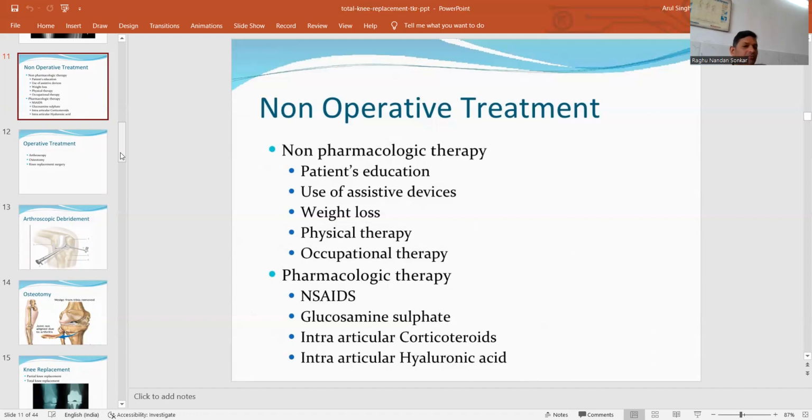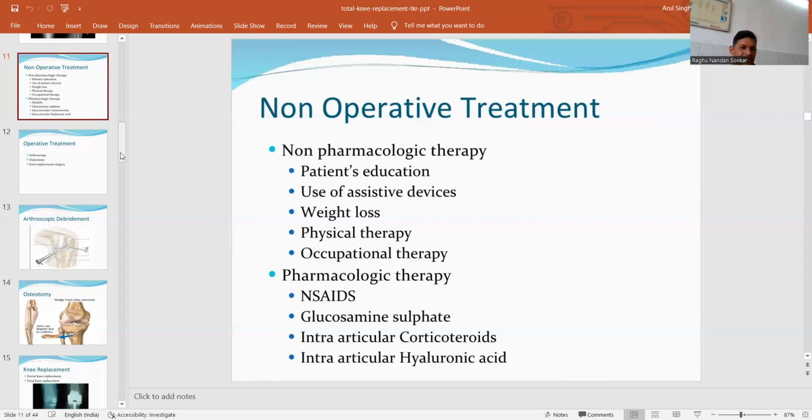Non-operative, non-pharmacological means the initial stage of osteoarthritis. So we can educate the patient on use of an assistive device, weight loss if the patient is overweight, a weight loss training program, physical therapy, occupational therapy. All are non-pharmacological therapy in stage 1.